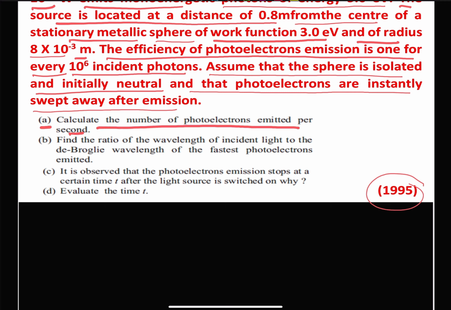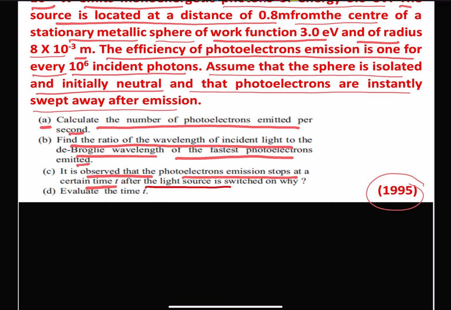Part B, find the ratio of the wavelength of incident light to the De-Broglie wavelength of the fastest photoelectrons emitted. Part C, it is observed that photoelectron emission stops at a certain time t after the light source is switched on. Part D, evaluate the time t.